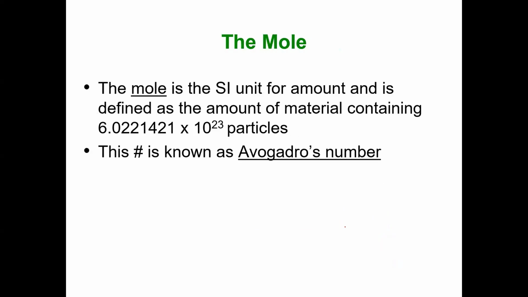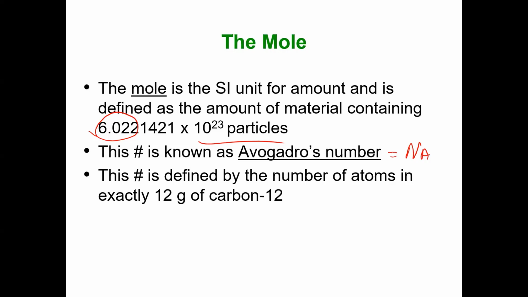This is referred to as Avogadro's number, and we're just going to use Avogadro's number as 6.022 times 10 to the 23rd. A lot of times you'll see it written as N_A: N representing the number of particles, A with respect to Avogadro.